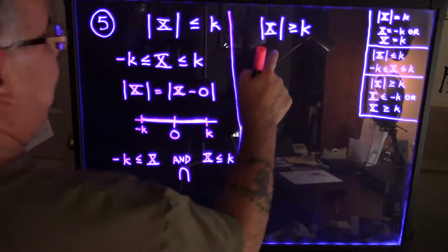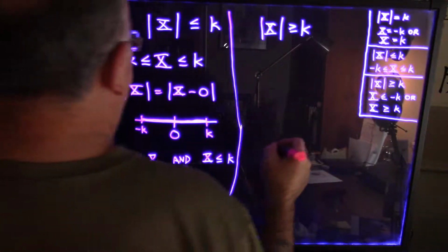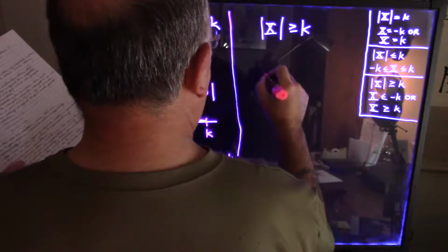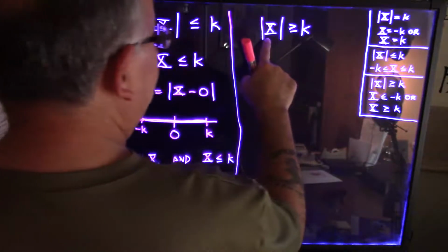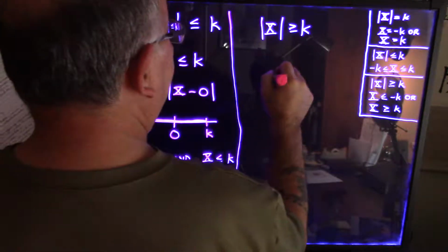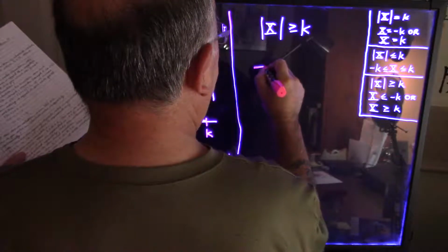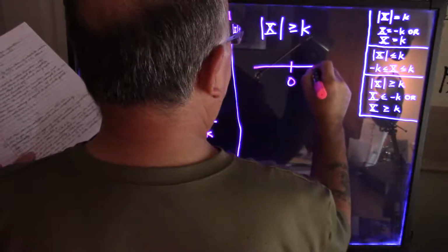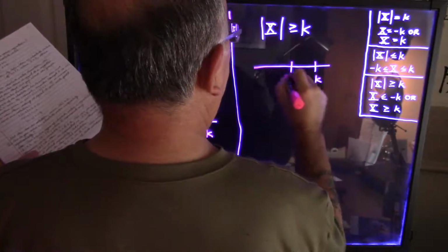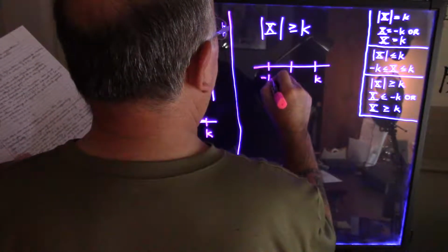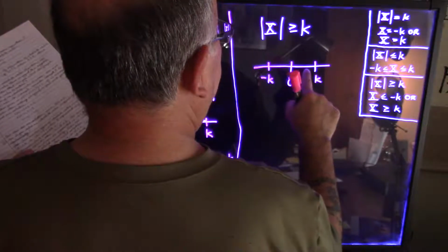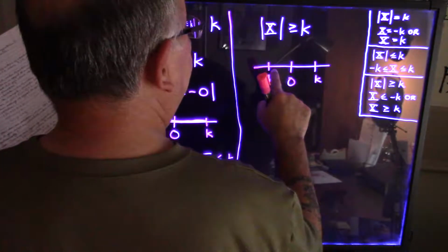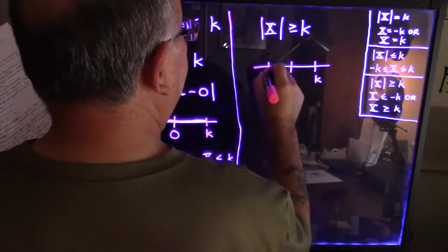Now if you have this case here, if we look at this on a number line, think of that as being the distance from x to 0 is greater than or equal to k. So here's 0 on the number line, here's k, and here's negative k. So this distance represents k units, either left of 0 or right of 0.